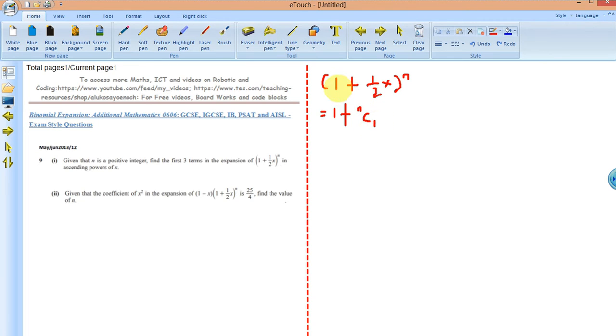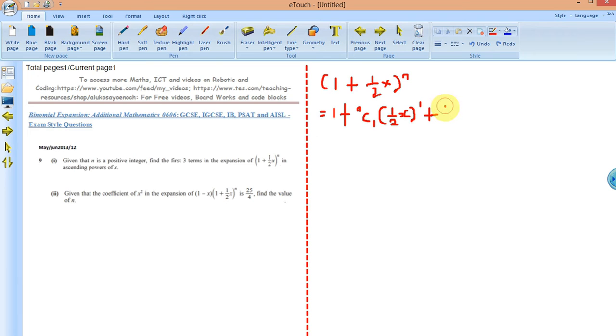Then as this power is decreasing, this one will be increasing, right? So I have half x raised to the power of 1, plus, then 1 raised to the power n minus 1, but it's not going to affect it.